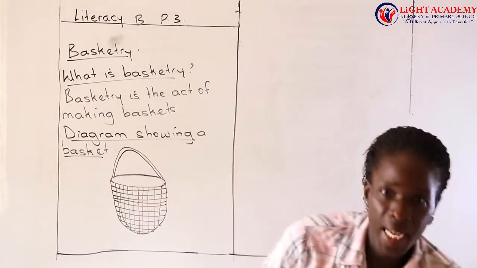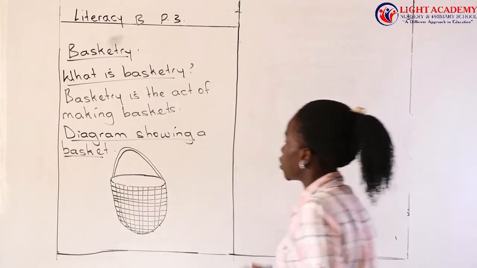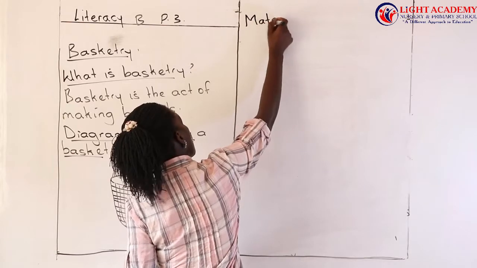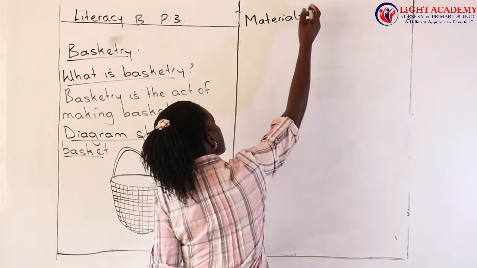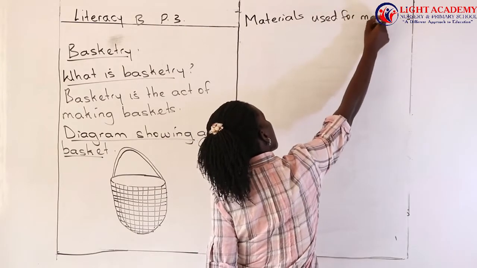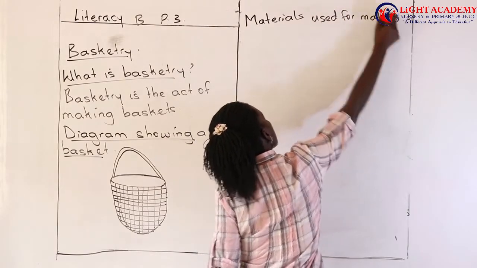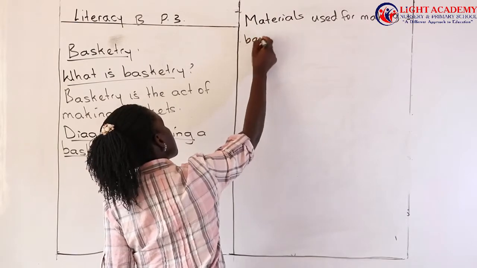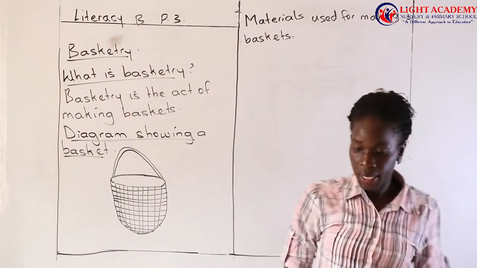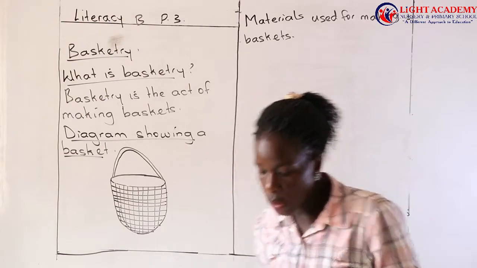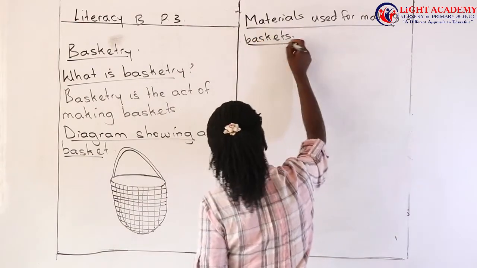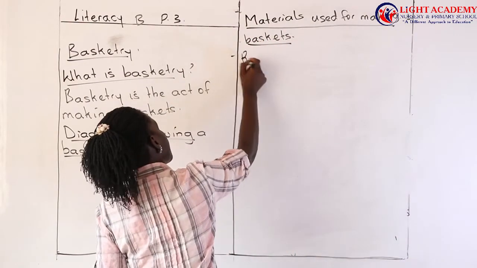So which materials are used to make baskets? Materials used for making baskets. We can use materials like raffia.